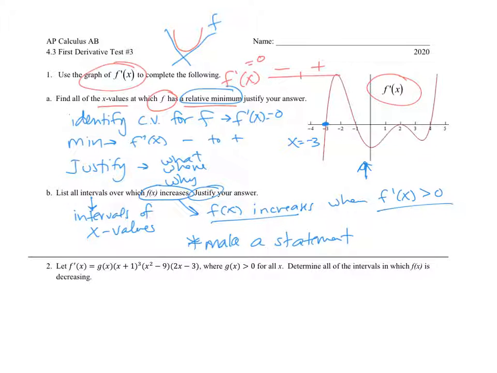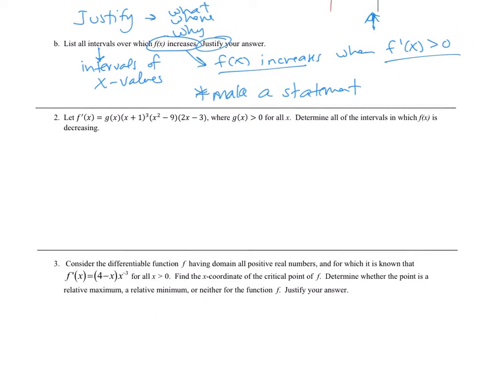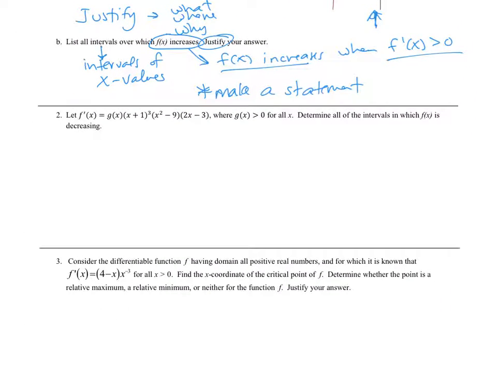Okay, 2 states, let f prime of x equal, man, this looks familiar, huh? Determine all the intervals in which f of x is decreasing. And so, again, this has this g notation in here. So this is f prime already, where g is greater than 0. And when we're talking about g being greater than 0, that means that g of x is positive.